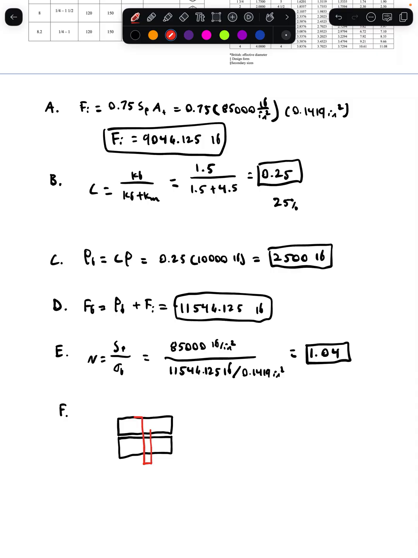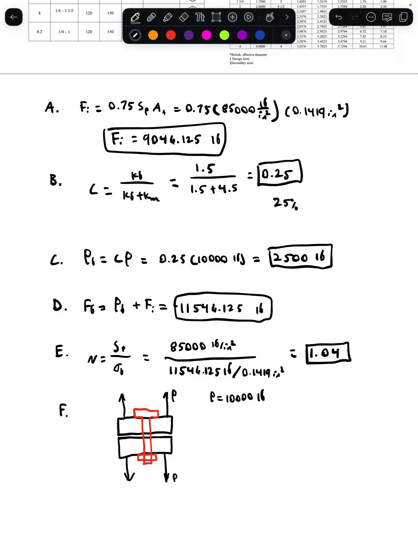And there's a bolt going between the two of them. Okay, so that bolt is squeezing them together. But at the same time, we have this 10,000 pound force that's trying to pull it apart.